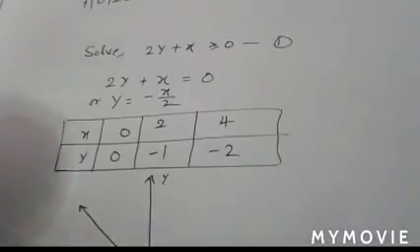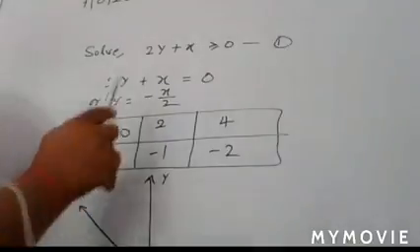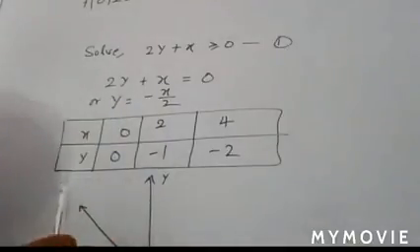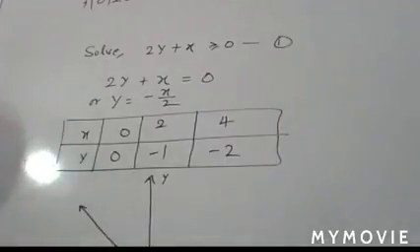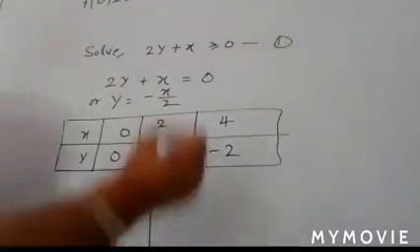Means 0 0 is also lying on this line. That's why with the help of test point 0 0, you can't find whether your solution exists above the line or below the line. Understand? So what you do in that case, just think about your result here.